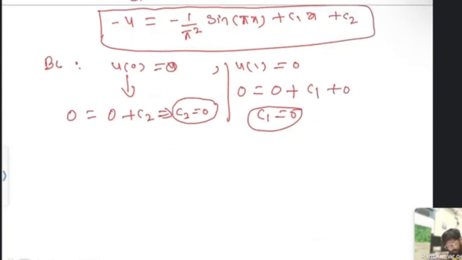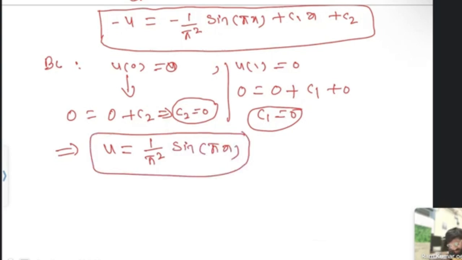Finally we got u equal to 1 by pi square sine pi x. So this is our exact solution for this differential equation. But this is not true every time, because sometimes we are not able to solve by using our technique. For that, we need to use some approximate method.